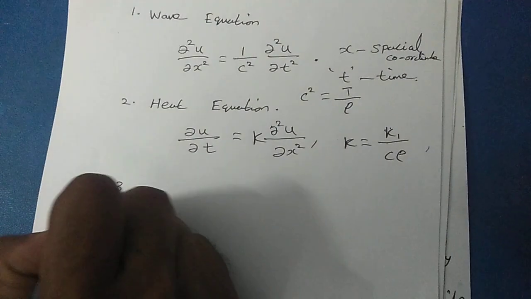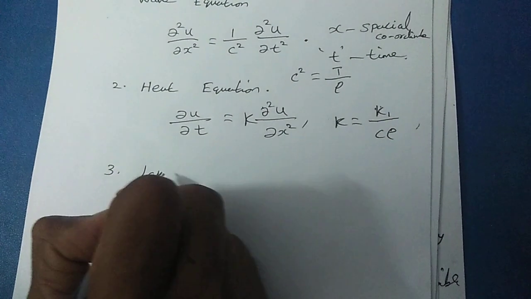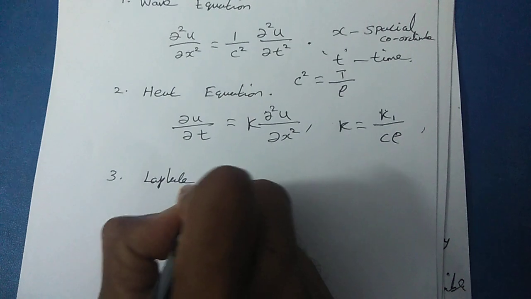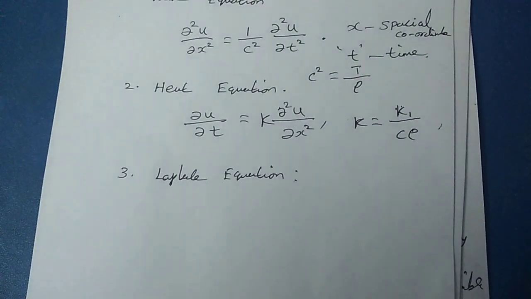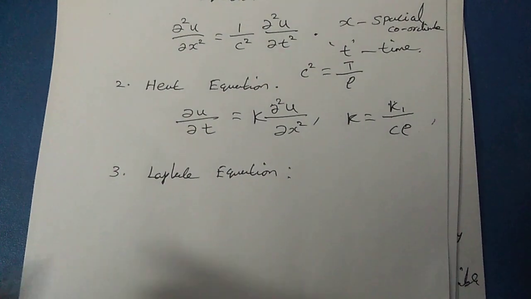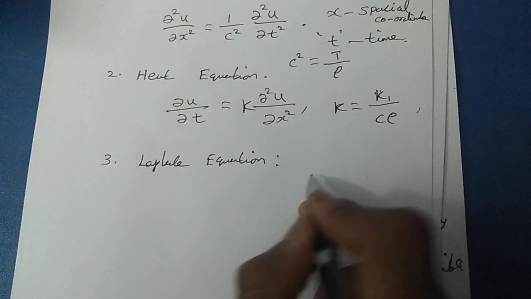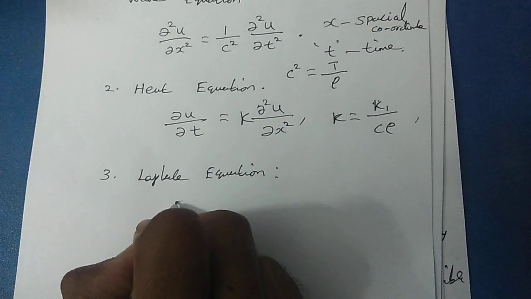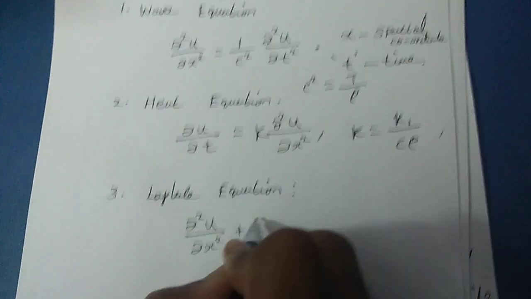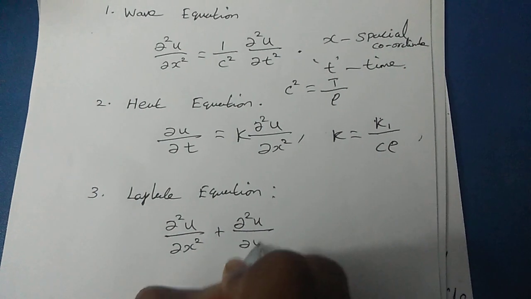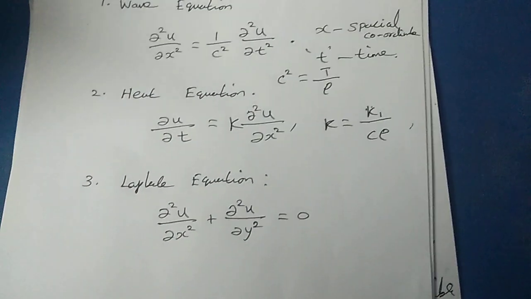And the third equation is the Laplace equation. The two-dimensional Laplace equation is ∂²u/∂x² + ∂²u/∂y² = 0.